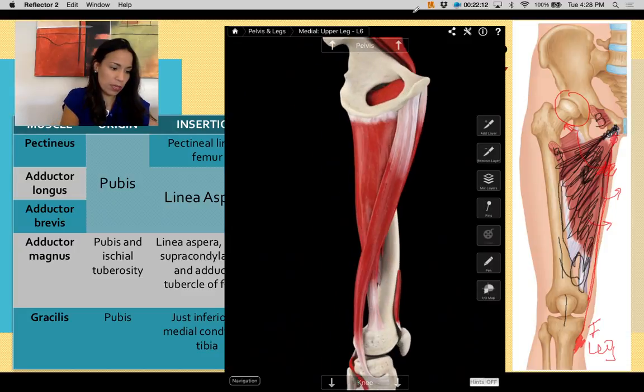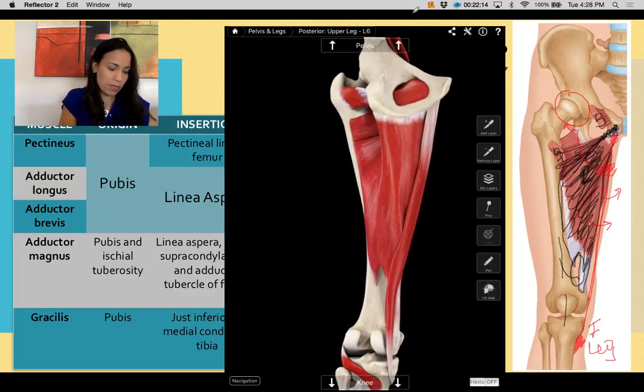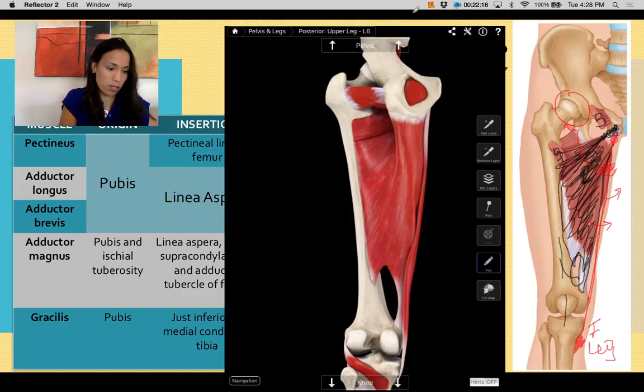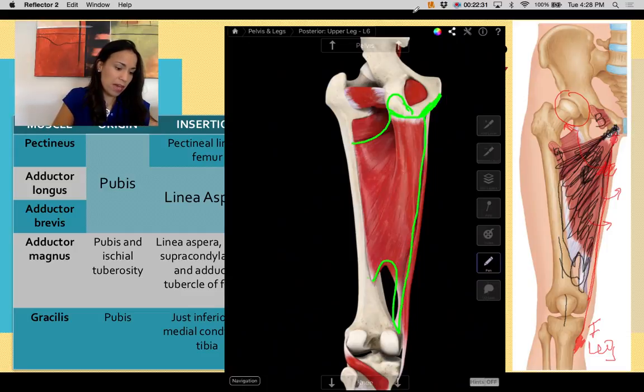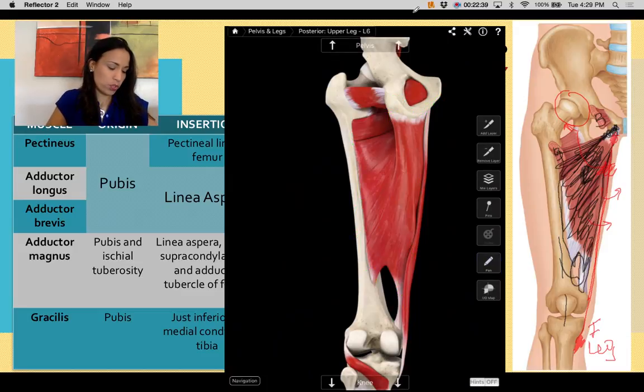Look how this is on the medial side. Do you see how broad the muscle is? From the pubic bone anteriorly, look at the ischium or ischial tuberosity. All of that is the magnus, inserting in the linea aspera, supracondylar line, and adductor tubercle.